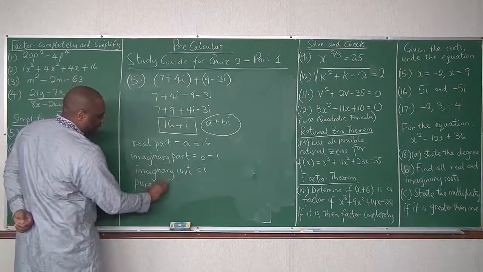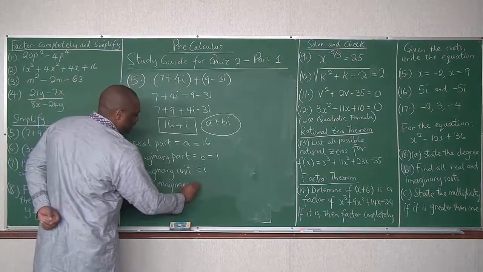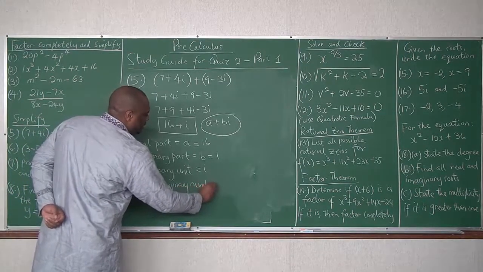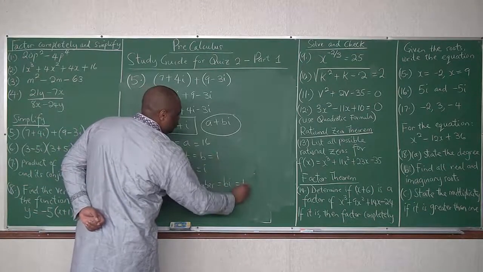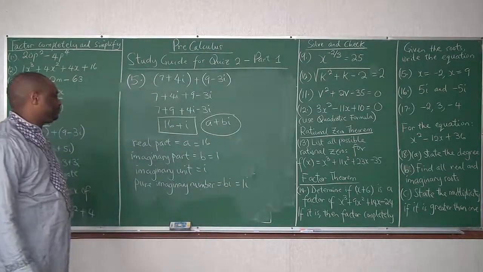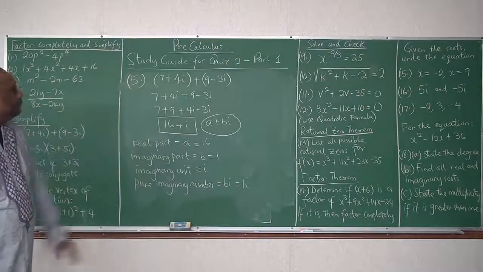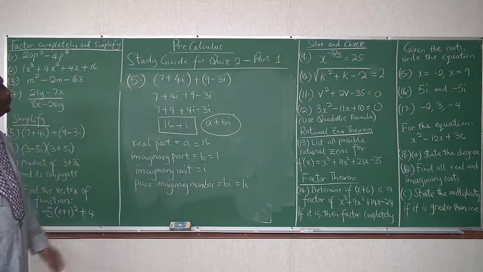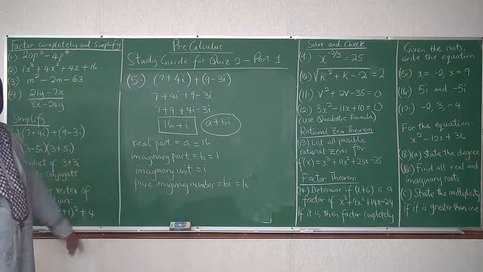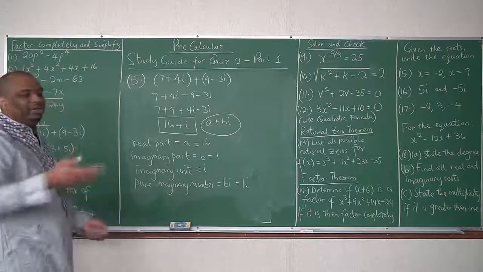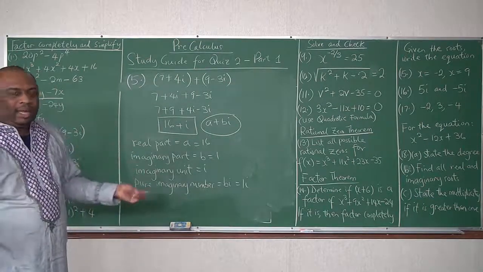The pure imaginary number is bi, which in this case is 1i. Okay, so that's how you do it. 16 plus i, or 16 plus 1i, is still correct, but you usually want to say i.